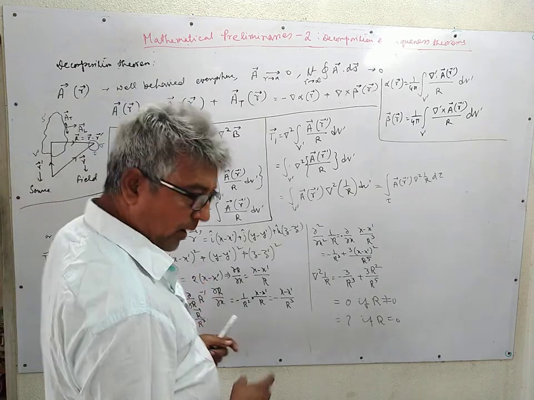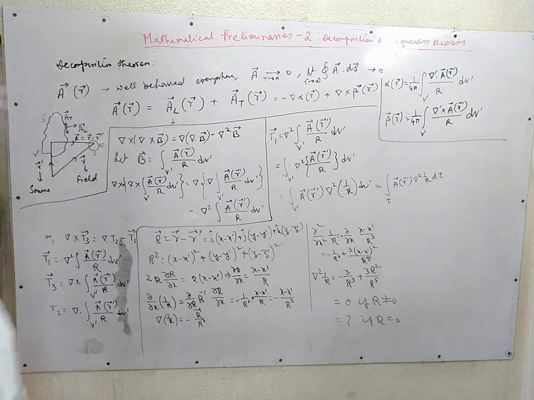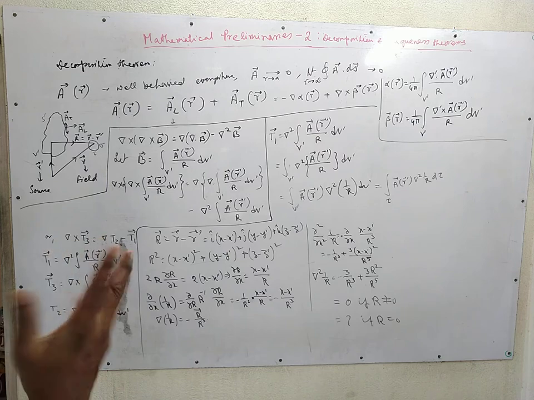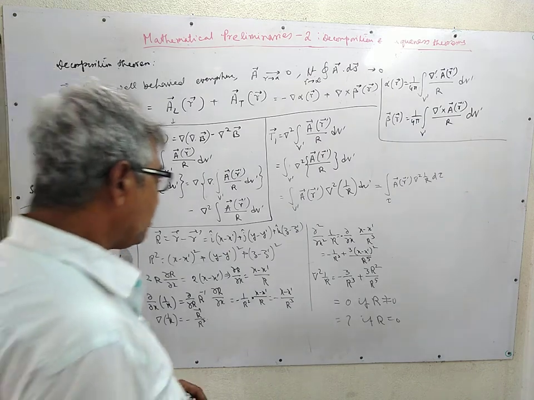And we try to apply the vector theorem over there, in which case when r and r prime are the same, we no longer need to distinguish between primed and unprimed coordinates.